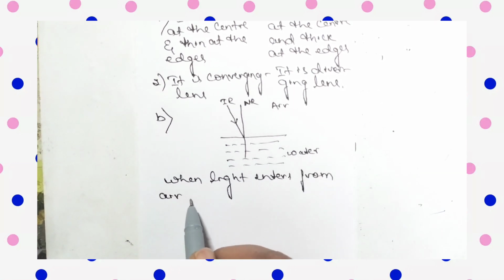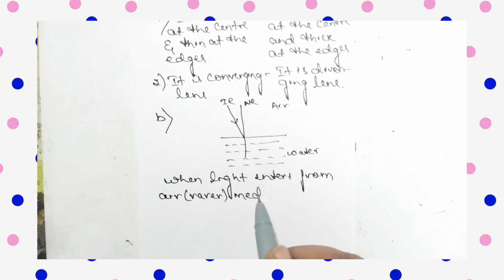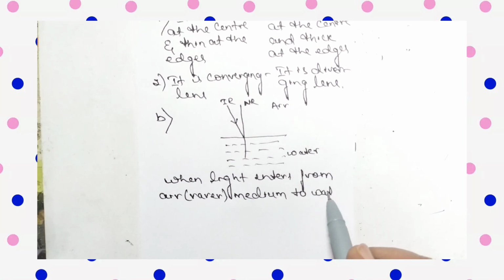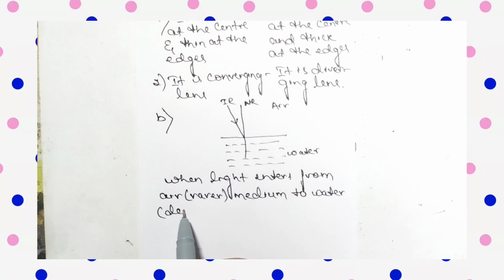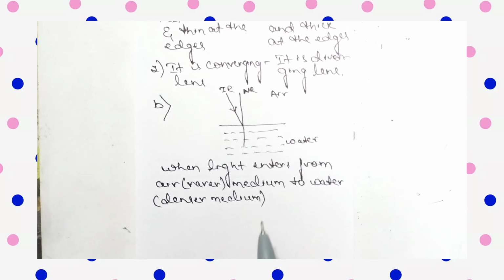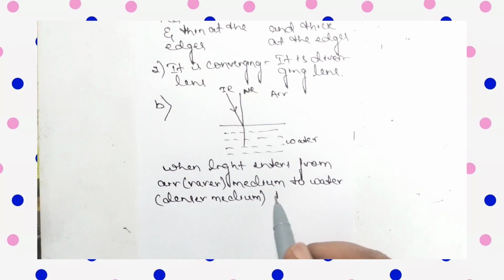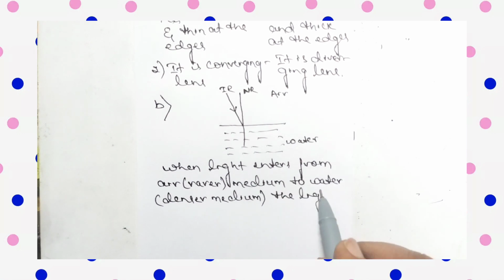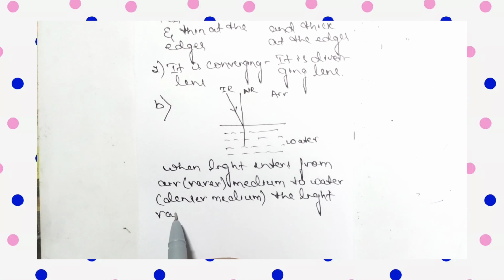So now we know that air medium is a rarer medium, and water is a denser medium. So when light enters from air medium to water medium, the light ray bends towards the normal.